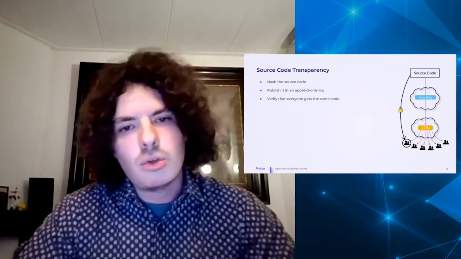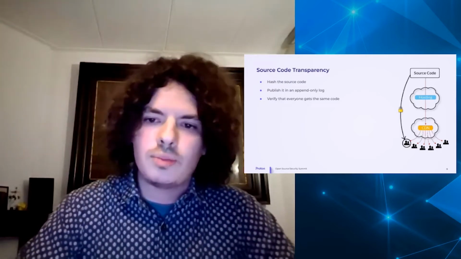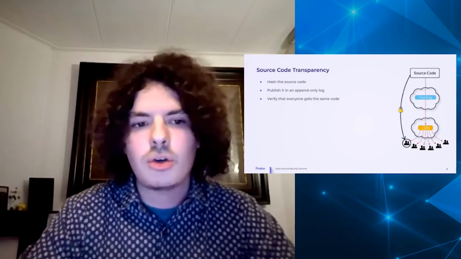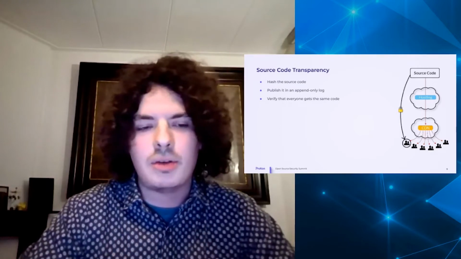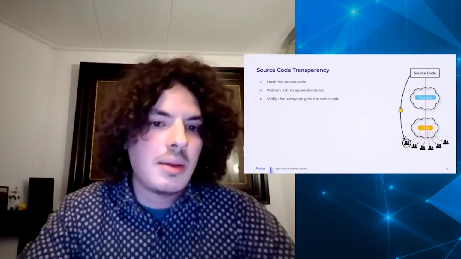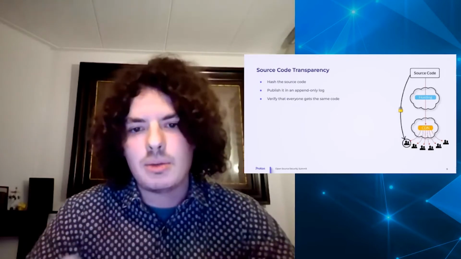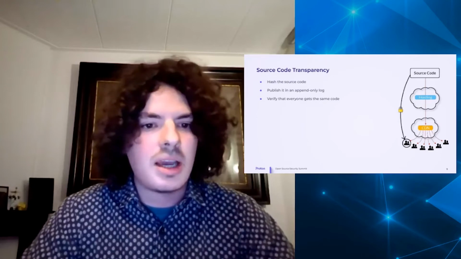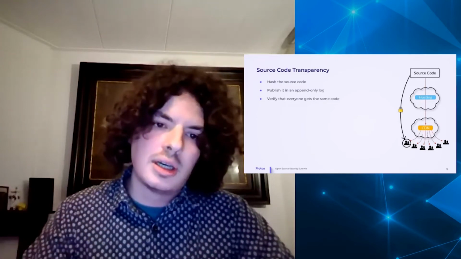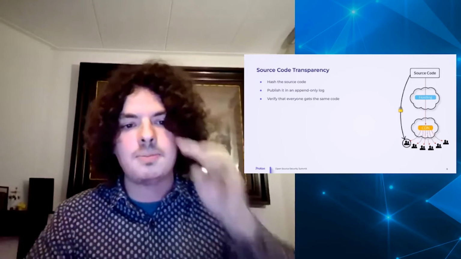So we could do something similar with the source code, meaning, let's say we could hash the source code and publish it in a similar append-only log, or maybe even the same one, by requesting, for example, a certificate which contains the hash of the source code in the domain name.